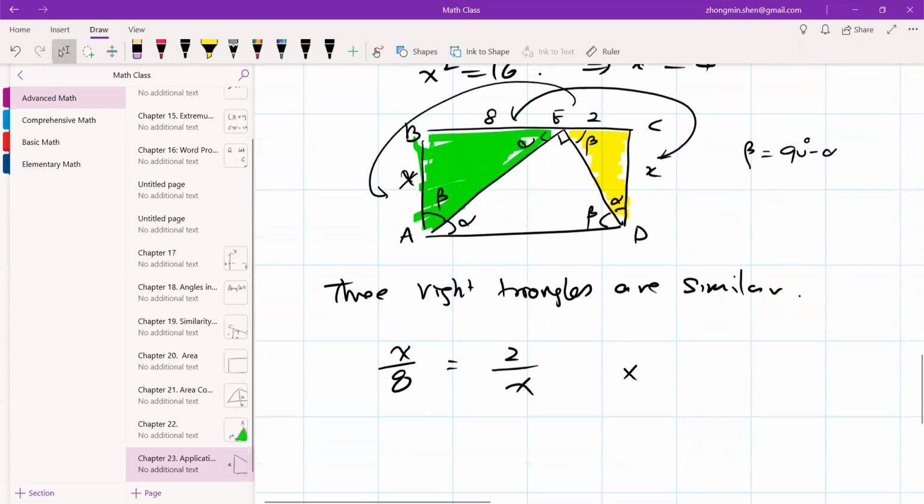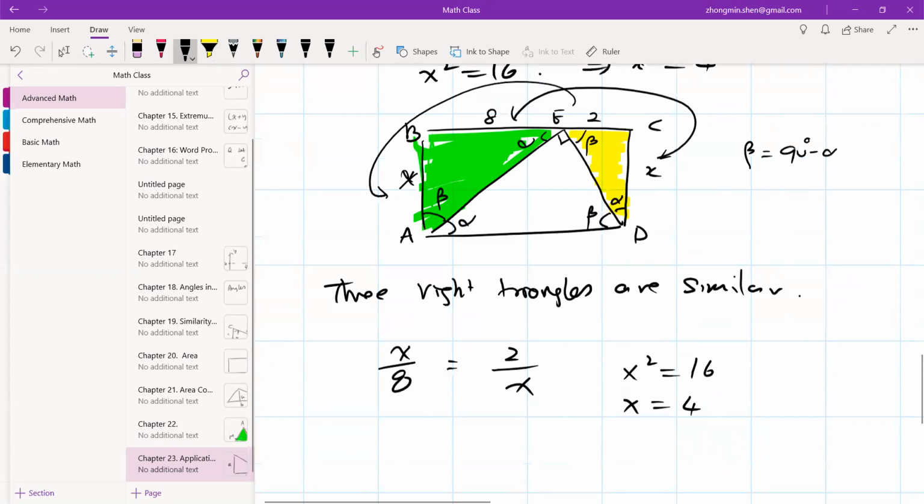So x squared equals 16, x equals 4. That's great. It's a much quicker way to solve the problem. This is a good example. Some geometry problems have multiple ways to solve.